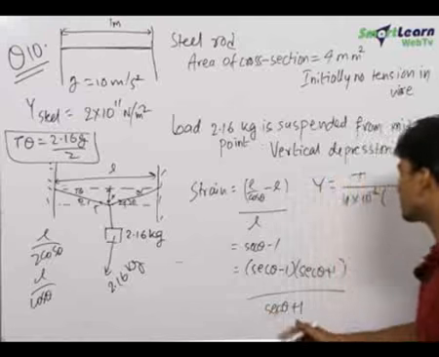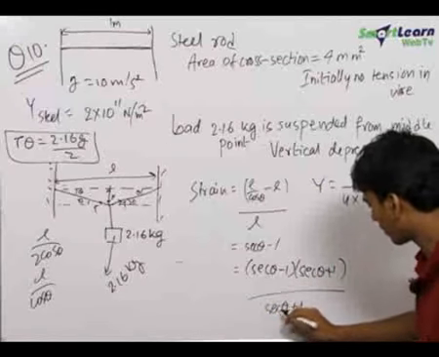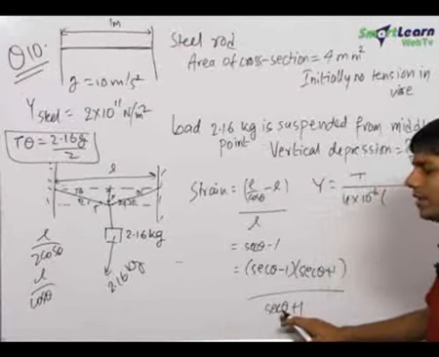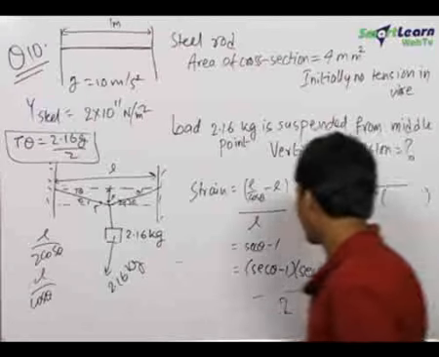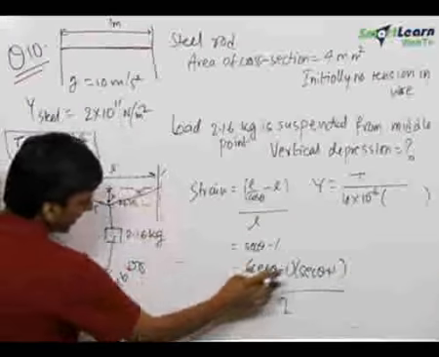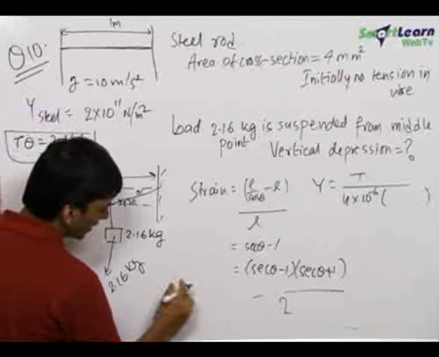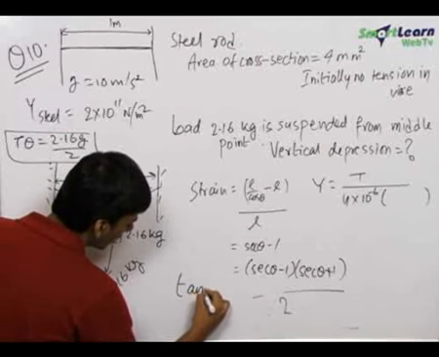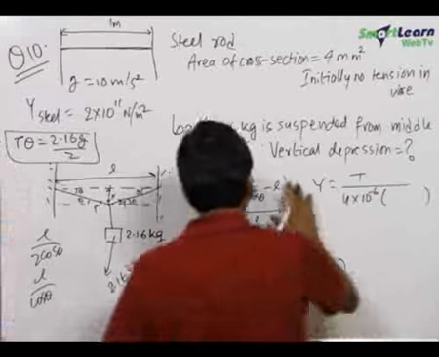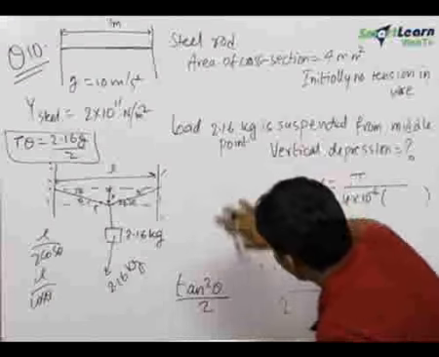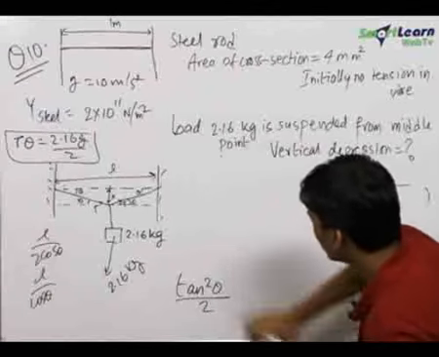Now since theta is very small, sec theta can be taken to be equal to 1, therefore the denominator becomes 2 and the numerator becomes sec square theta minus 1, that is equal to tan square theta. Therefore we get the strain to be equal to tan square theta upon 2.